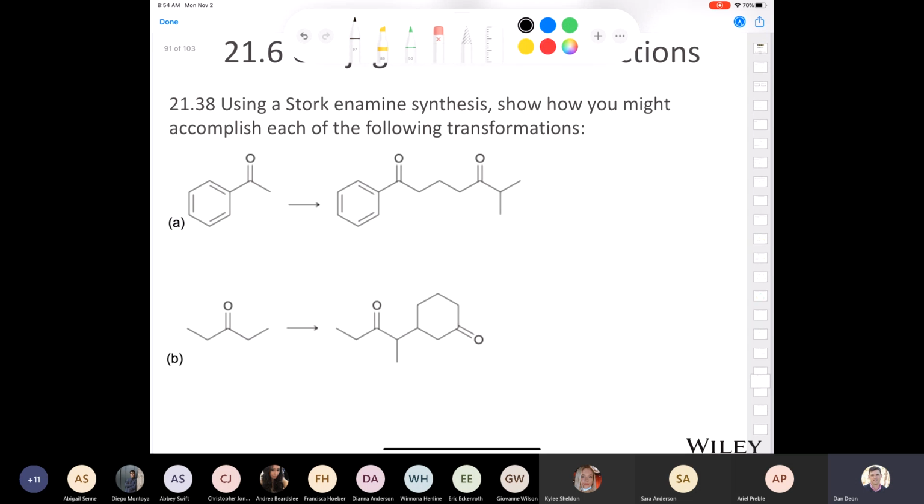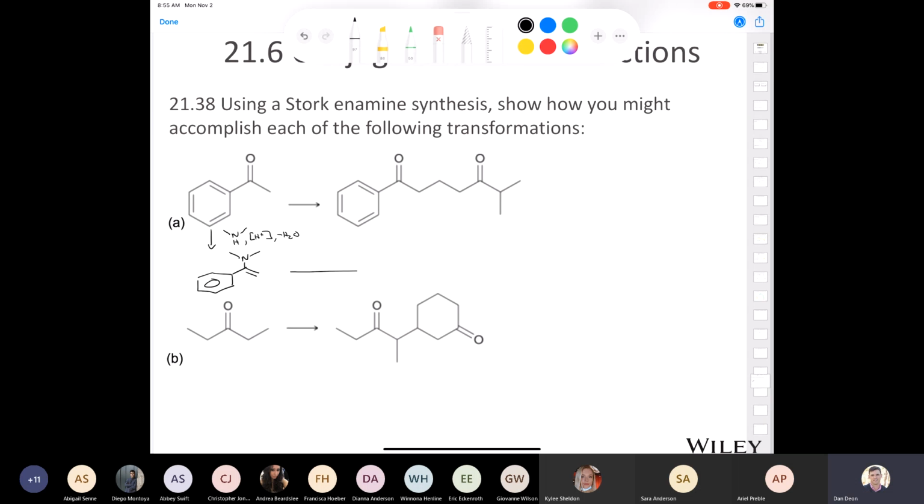So we'll take this compound and treat it with dimethylamine, a catalytic amount of acid, followed by removal of water. We're going to end up with this intermediate. Forgive me, there's not a lot of space here, but you're going to end up with this enamine. It's going to look like this. Then we need to treat it with our Michael acceptor.